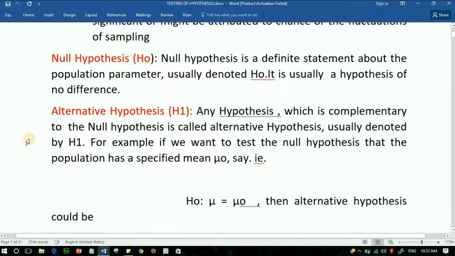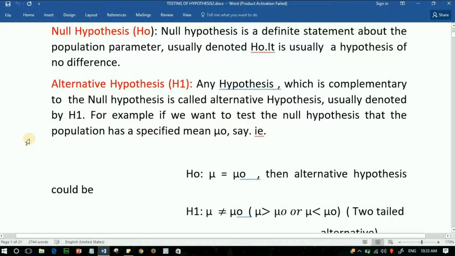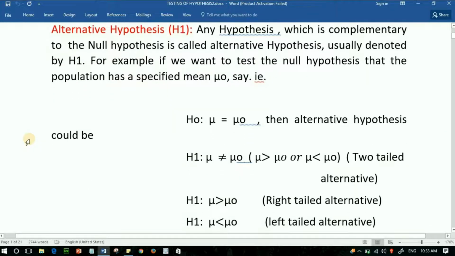For example, if we want to test the null hypothesis that the population has a specified mean mu0, then the null hypothesis is H0 such that mu is equal to mu0. Then the alternative hypothesis could be H1 such that mu is not equal to mu0, that is mu may be greater than mu0 or mu may be less than mu0.